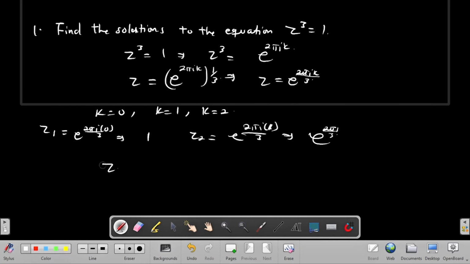My z3 is simply equal to e to the power 2 pi i times 2, that's equal to e to the power 4 pi i over 3. And that is all. So this is how you find the nth root of unity, okay?